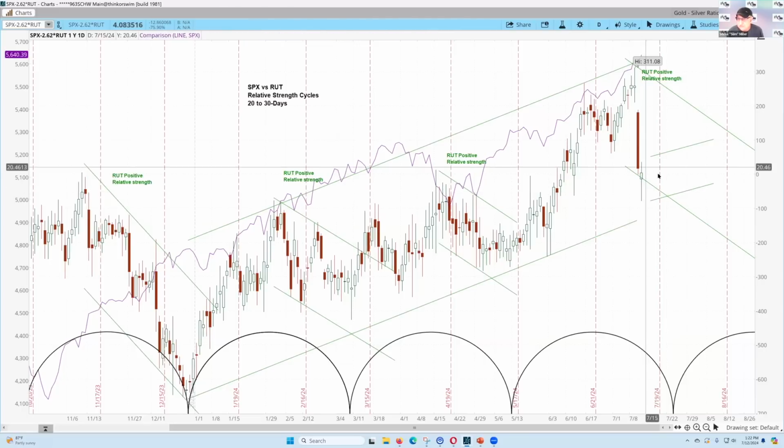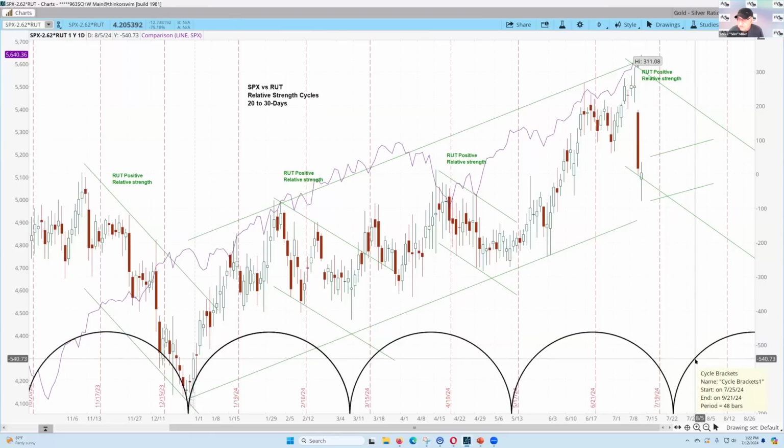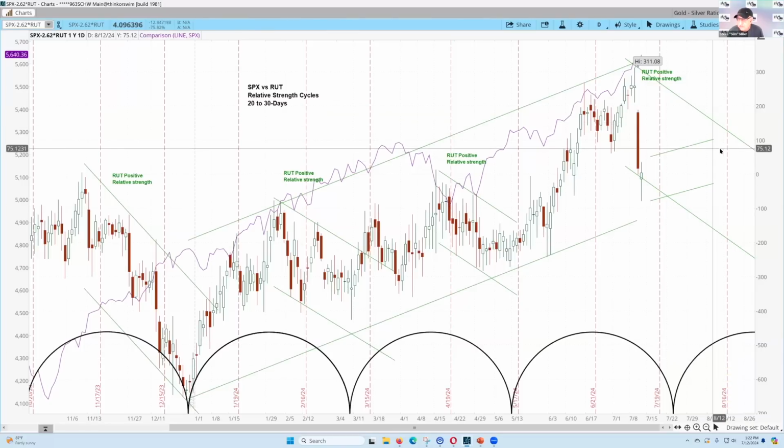So that says to me that what I'm showing you here is a look at a flag period that can form, where maybe the S&P 500 and the NASDAQ get a little stronger. But then in this next cycle right over here, which comes out into September, it's likely to see the Russell much stronger again, or the S&P 500 weaker.